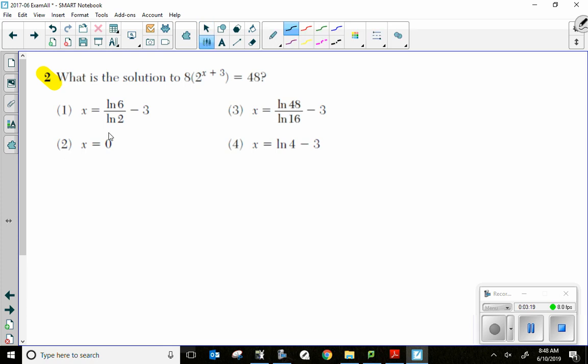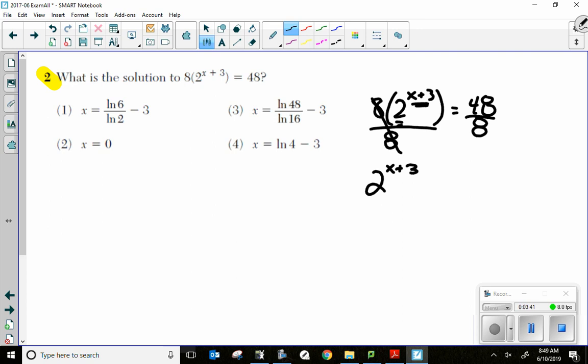I've got 8 times 2 to the x plus 3 equals 48. I know in order to bring a variable down from the exponent, I've got to use log or natural log. I want to get the base and the exponent alone, so I'm going to get rid of this 8. I've got 2 to the x plus 3 equals 6.